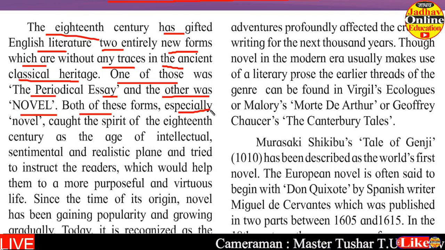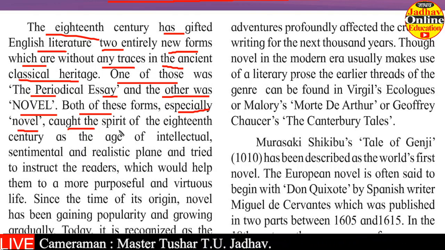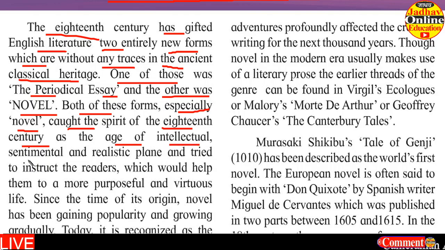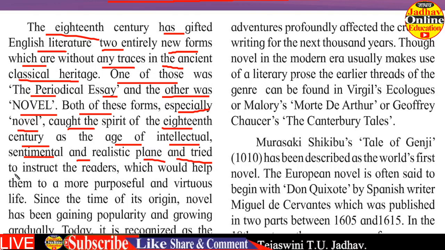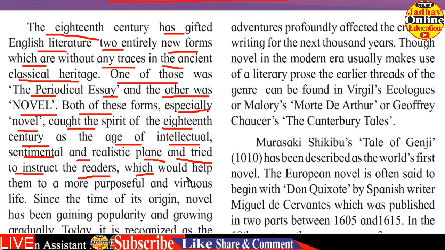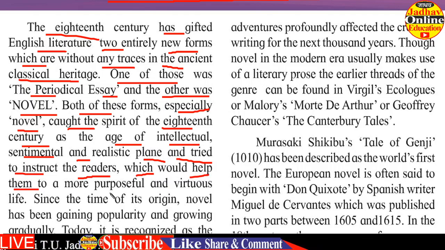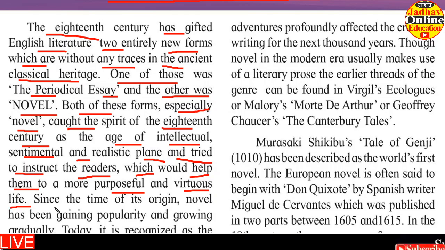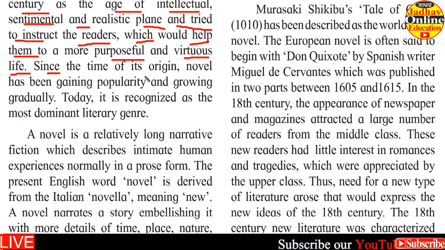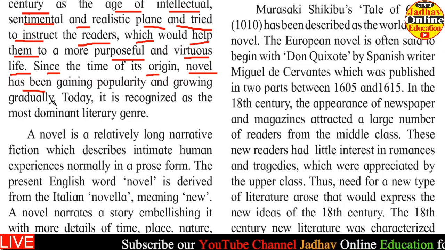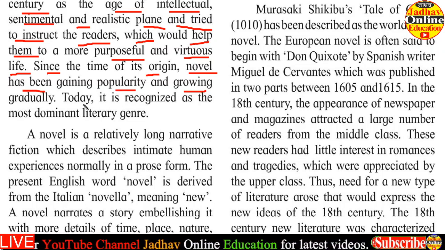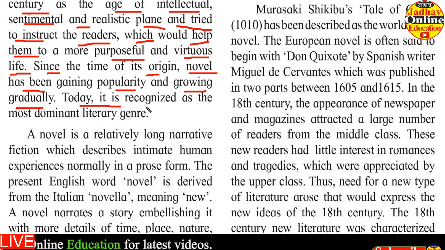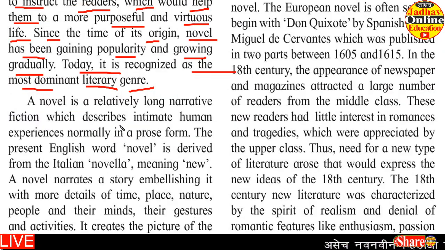Both of these forms, especially the novel, caught the spirit of the 18th century as the age of intellectual, sentimental and realistic plane, and tried to instruct the readers, which would help them to a more purposeful and virtuous life. Since the time of its origin, the novel has been gaining popularity and growing gradually. Today it is recognized as the most dominant literary genre.